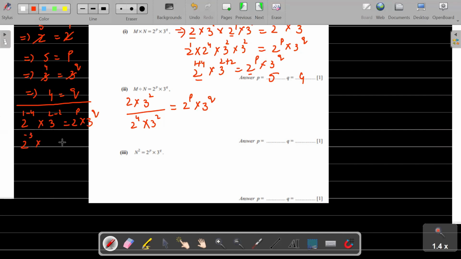2 raised to power minus 3 times 3 raised to power 0 equals 2 raised to power p times 3 raised to power q.